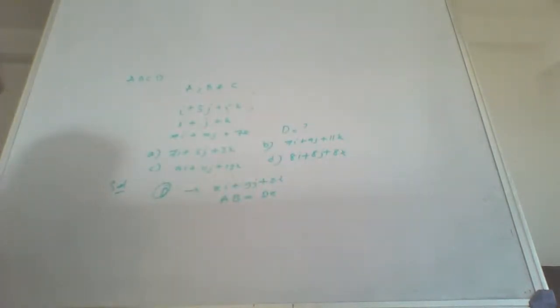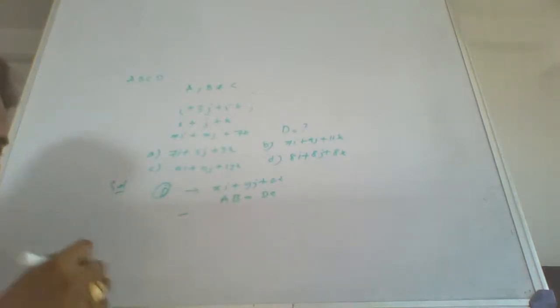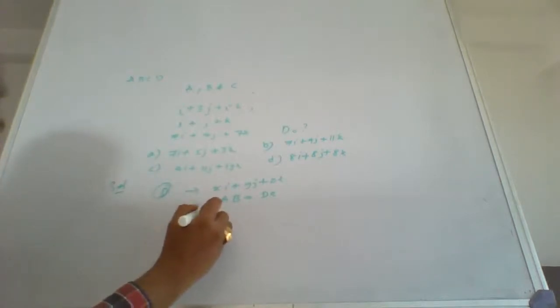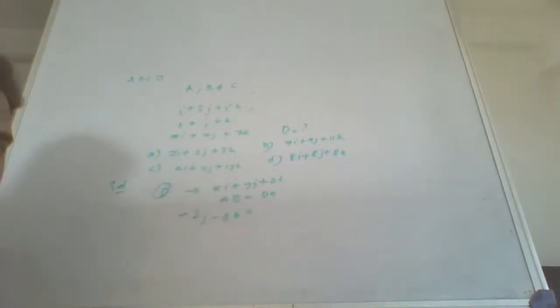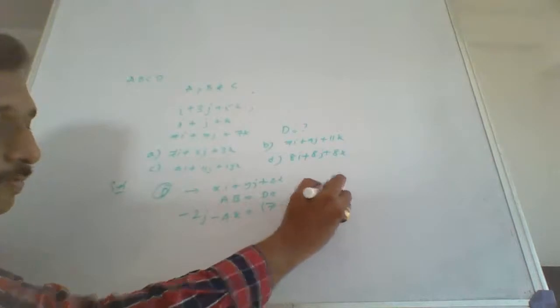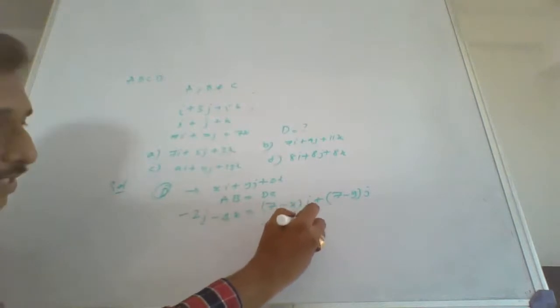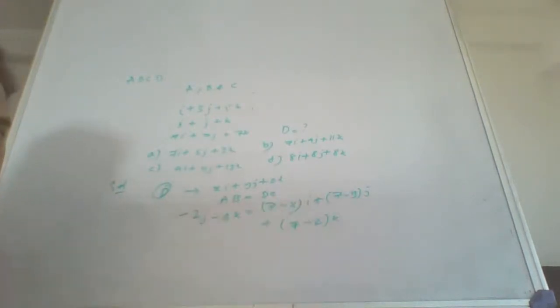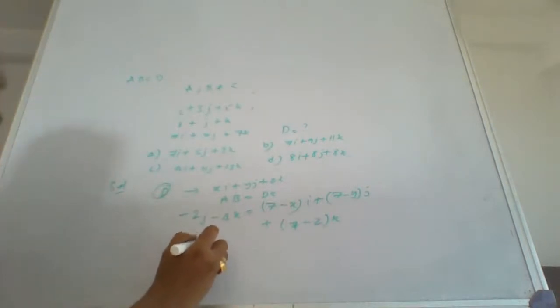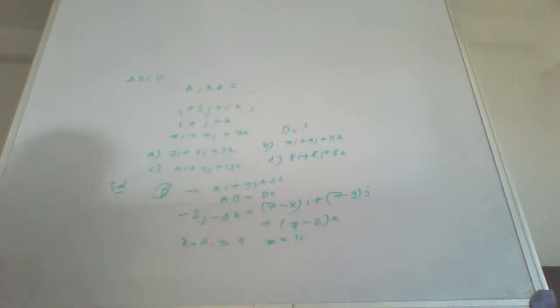If I put that, AB would be 2i minus 4k, and DC would be (7 minus x)i plus (7 minus y)j plus (7 minus z)k. Okay, so I get x as 7, y as 9, and z as 11. So the choice here would be B.